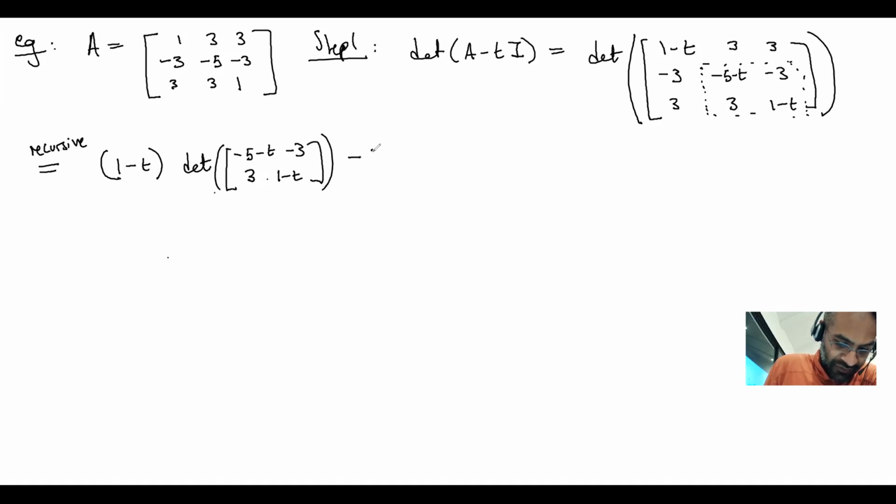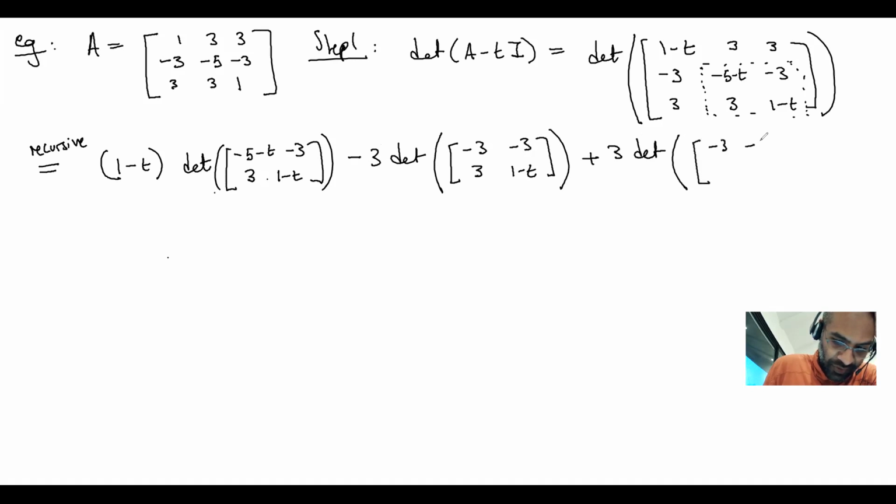Then you get minus 3. You have these alternating signs. Now you have minus 3, 3, 1 minus T. Plus 3, minus 3, minus 5 minus T, 3, 3.